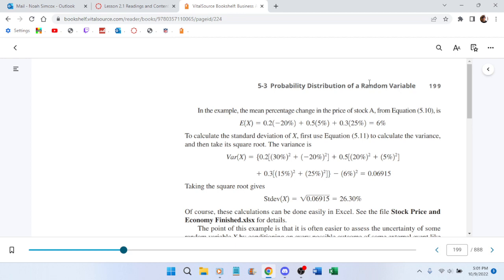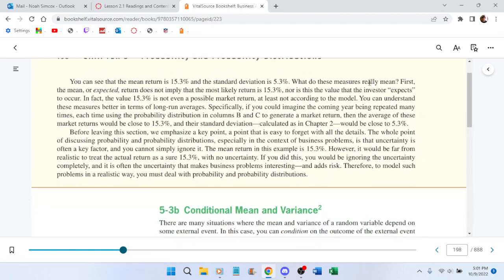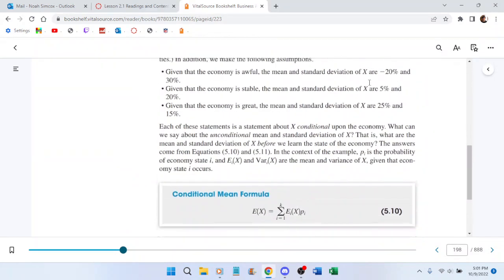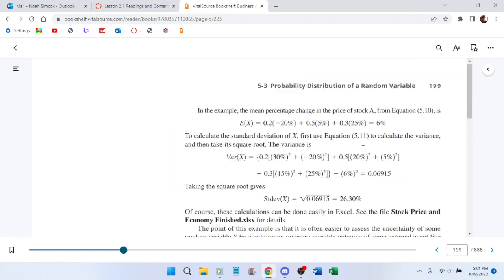Why is it a negative 20%? Oh, wait. Because the number they gave was negative 20%, right? So this times this plus this times this plus this times this or something.